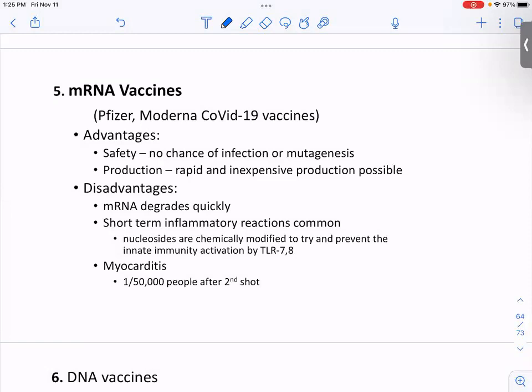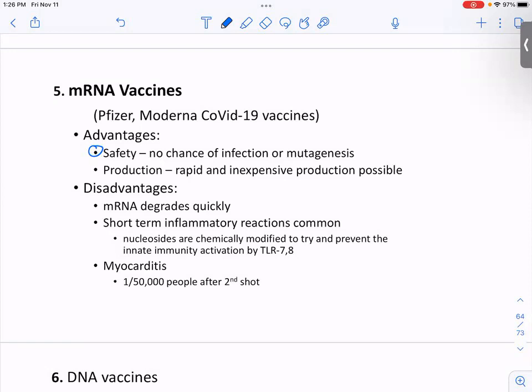The big advantage is that it's really quite safe, in terms of there's no chance of it actually causing the infection that it's trying to prevent. There's no chance of any kind of mutation in that RNA, and it can't mutate the host either.